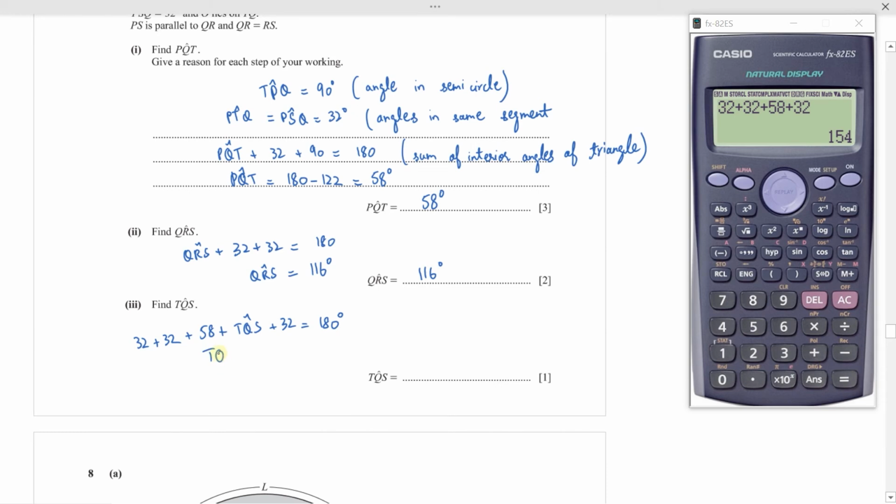So TQS plus 154 equals 180, so TQS will be 180 minus 154, which is 26 degrees. So your value of TQS is 26 degrees.